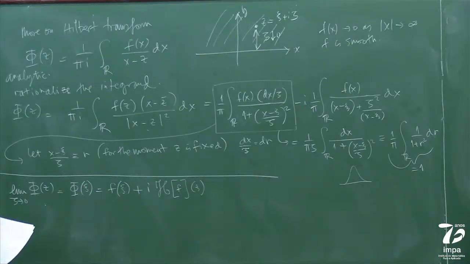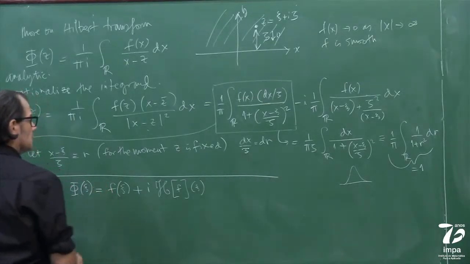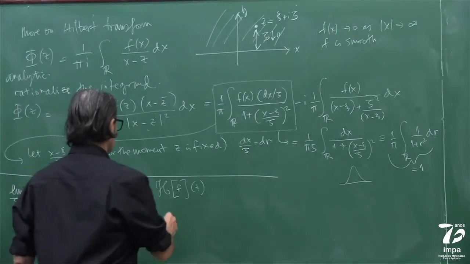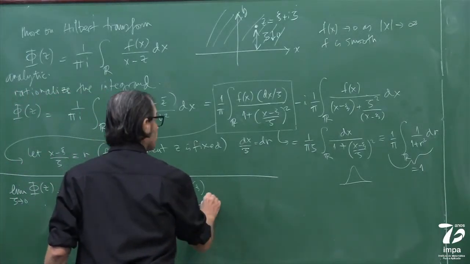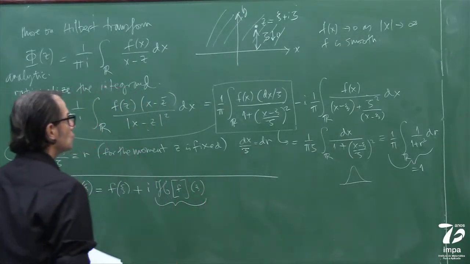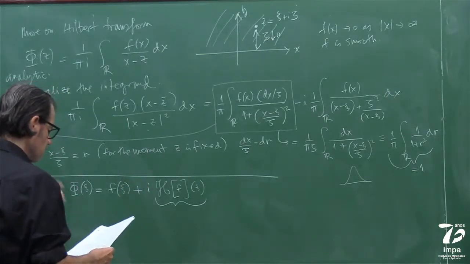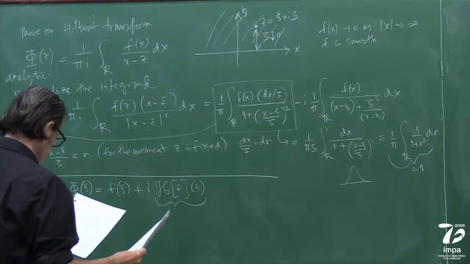Minus, where's the minus sign you're checking for? Because this is going to be equal to, right? And right here, then we check. Oh, because that minus sign, right? You're right.